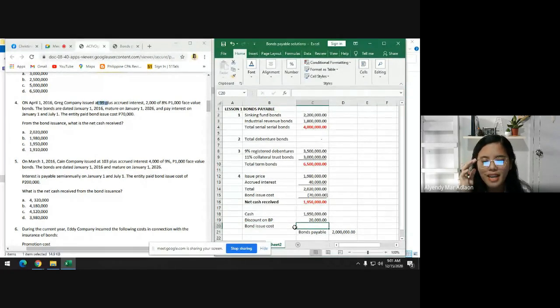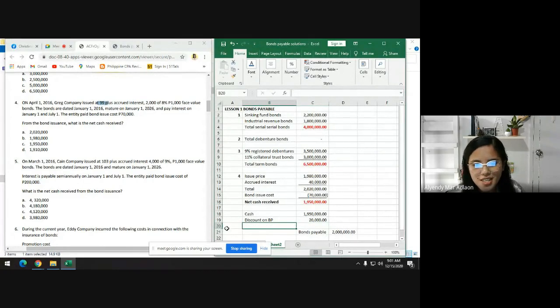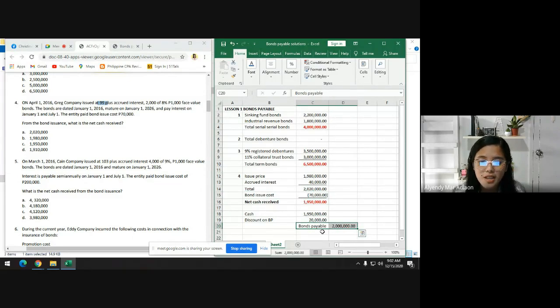Okay? And by the way, this bond issue cost is not to be separately recorded. Since this bond issue cost is to be deducted from the bonds payable, if there is bond issue cost, ato na siyang i-lump with the discount on bonds payable.